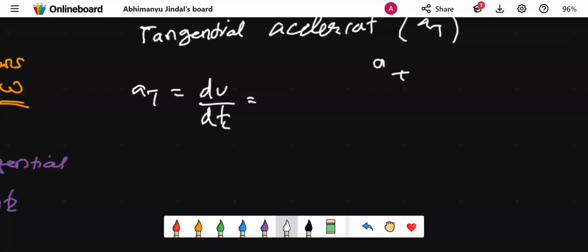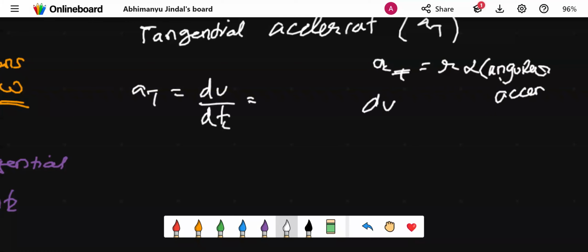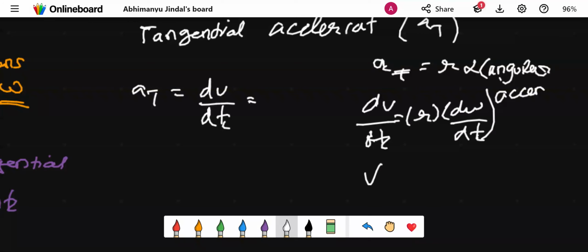Just remember acceleration tangential equals alpha times r, r alpha, where alpha is the angular acceleration. Basically dv by dt equals r times d omega by dt. It's the same thing, taking this expression and differentiating with respect to t.